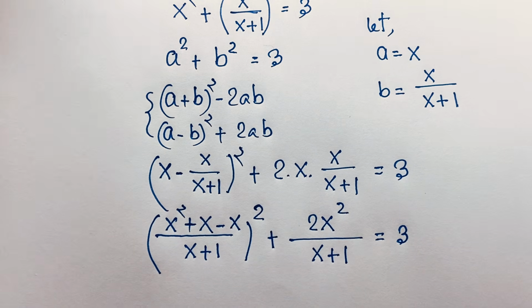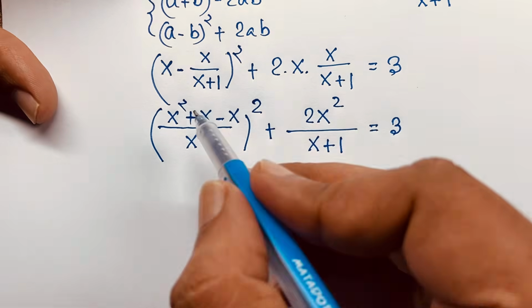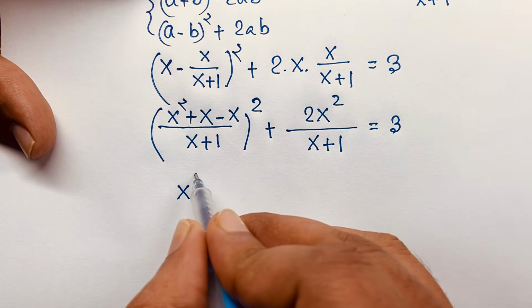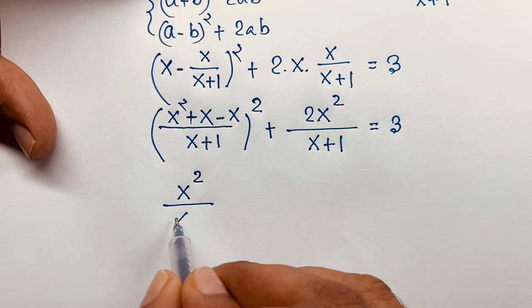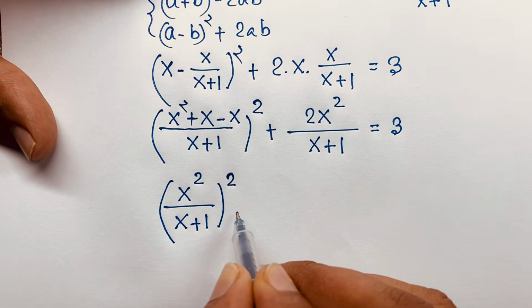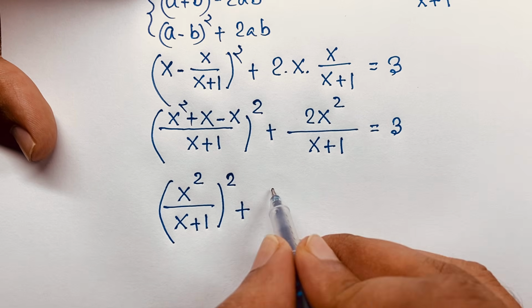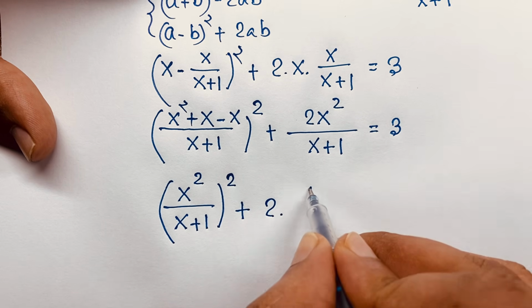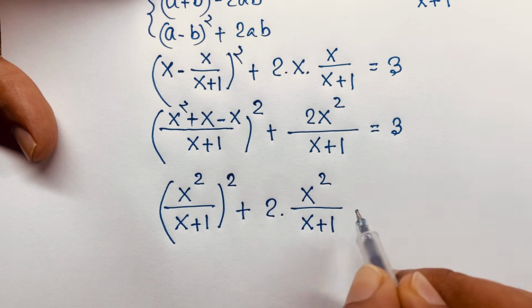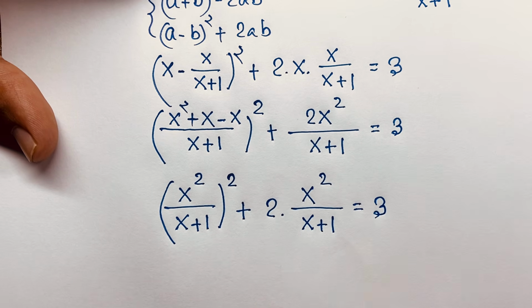Then you can see here this x and this x are cancelled, and we find x to the power 2 over (x plus 1) whole to the power 2 plus 2x square. I take this 2 here, and x square over x plus 1 is equal to 3.